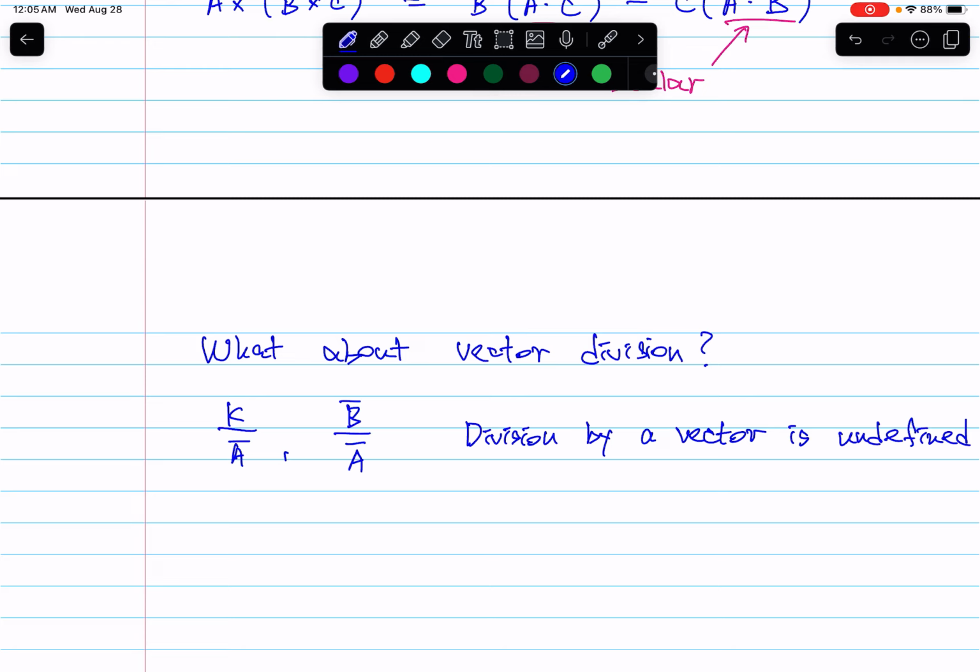Okay, so it's basically meaningless. And we won't solve any problems that involve vector division. Okay.